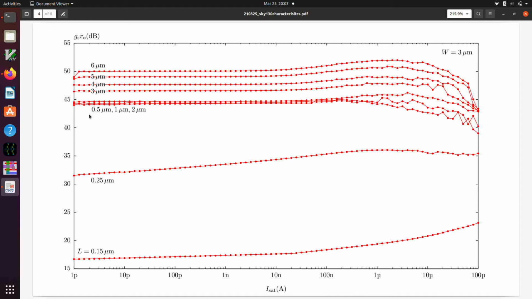And so in this particular range of channel lengths, we get this kind of compression of the curves together. But this is quite unusual and quite surprising.